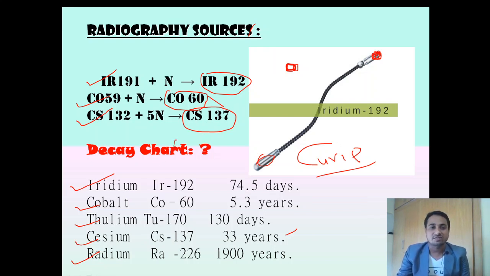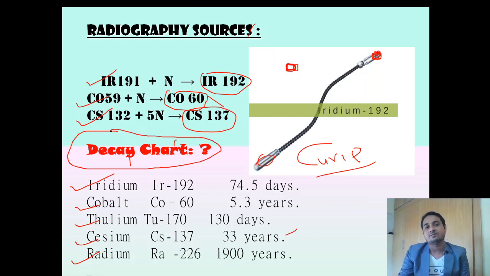Now we understand what the decay chart is. If I am purchasing a source after the bombardment from BARC, BARC will issue the decay chart. At the day of the bombardment, when the source is activated, from that day they will give one chart, and the chart will confirm the date and the strength.